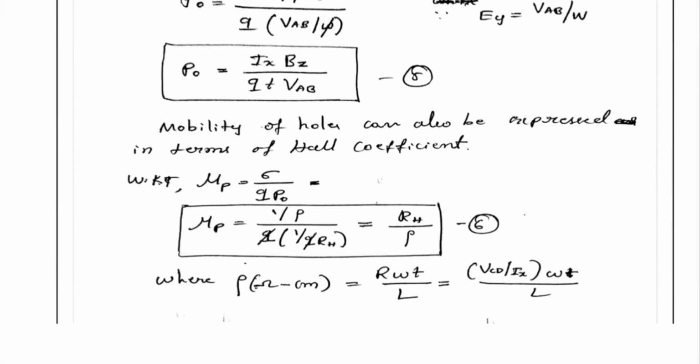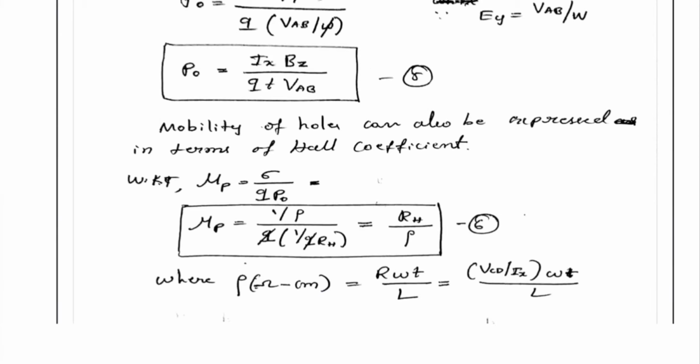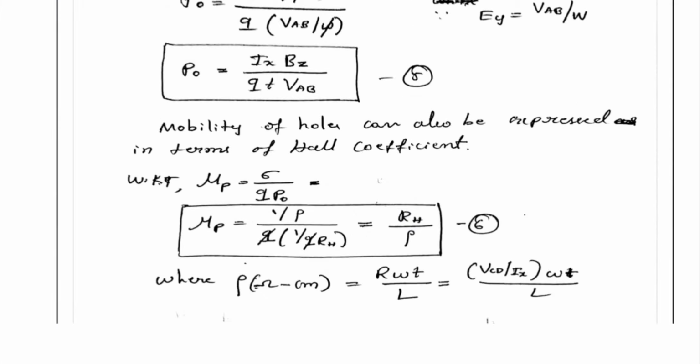So rearranging, we will get PO is equal to Ix by Wt into Bz divided by Q into Ey. Now we are substituting the value of Ey. Ey is nothing but electric field in terms of Hall voltage. Hall voltage VAB is equal to Ey into W, so Ey is equal to VAB divided by W. That we are substituting here.